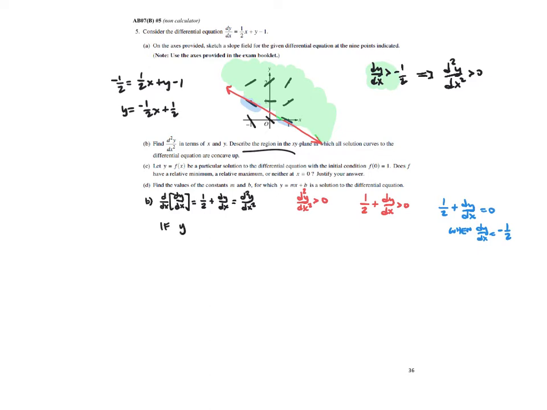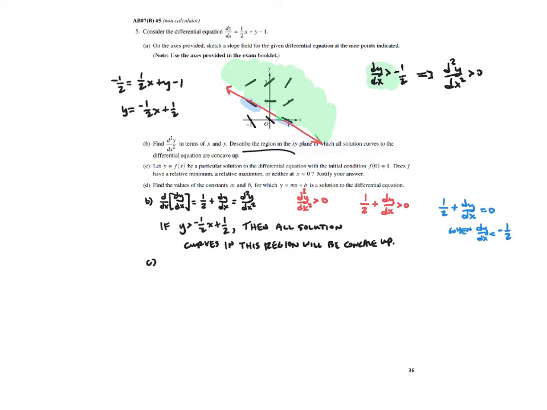If y is greater than negative half x plus a half, then all solution curves in this region will be concave up. Okay, there you have it.